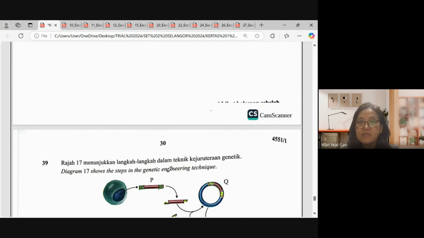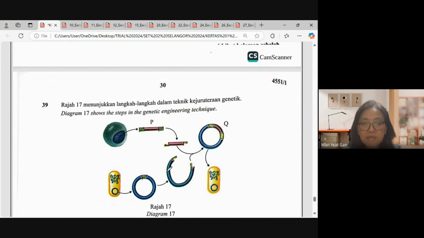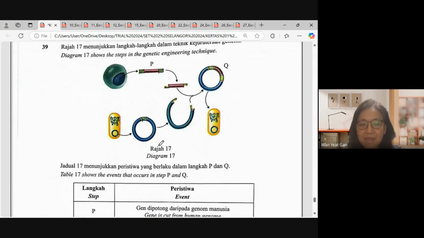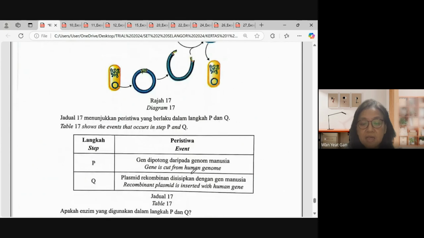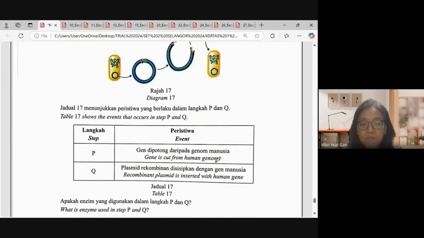Question 39. Diagram 17 shows a step in a genetic engineering technique. The technique involves steps P and Q. In step P, the gene is cut from the human genome, while in step Q, the recombinant plasmid is inserted with the human gene.